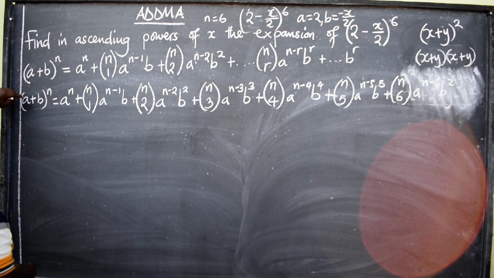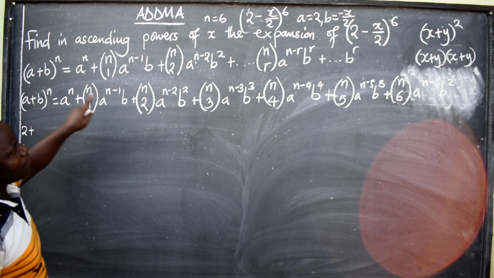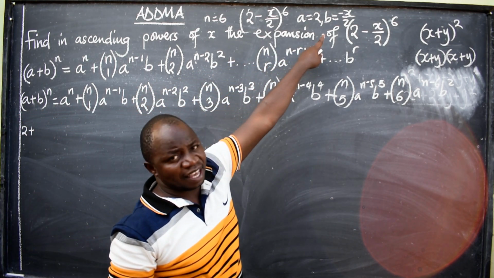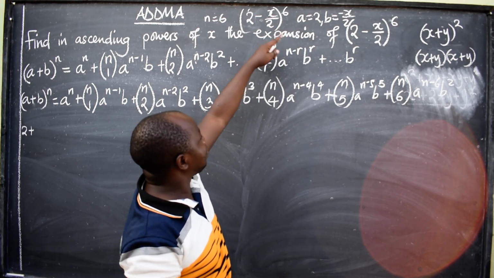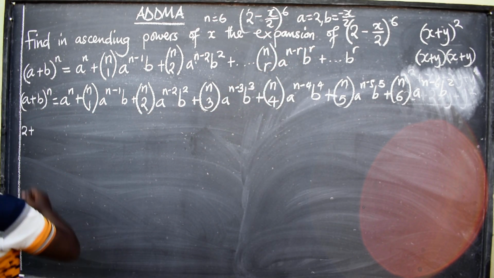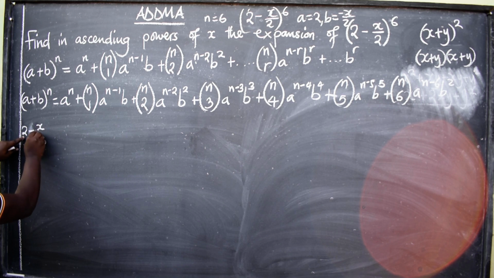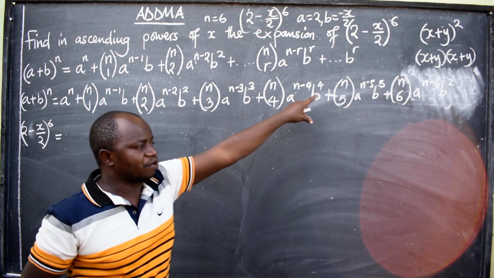So let's start. A is my 2. So I'll say 2 plus, so here we have plus, but my b has a negative there. I see that as a negative. So that negative and this plus here will give me a negative. So I can simply say (2 minus x over 2) to the power 6 will be equal to, now I start putting in my formula there.